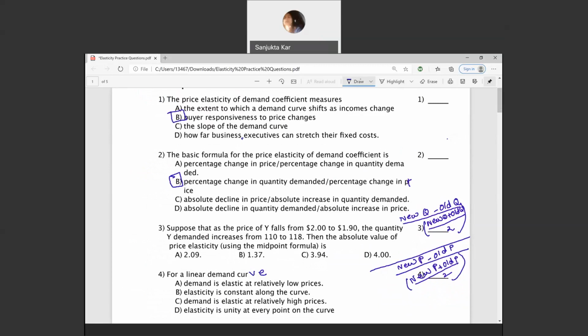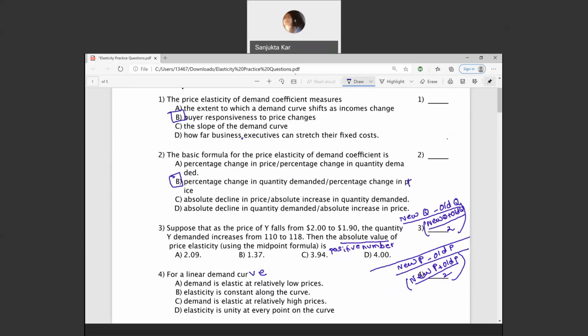And they're asking us to report the absolute value of price elasticity. The absolute value means we have to report a positive number here. We cannot really report a negative number. This price elasticity of demand is always a negative value because of the law of demand.